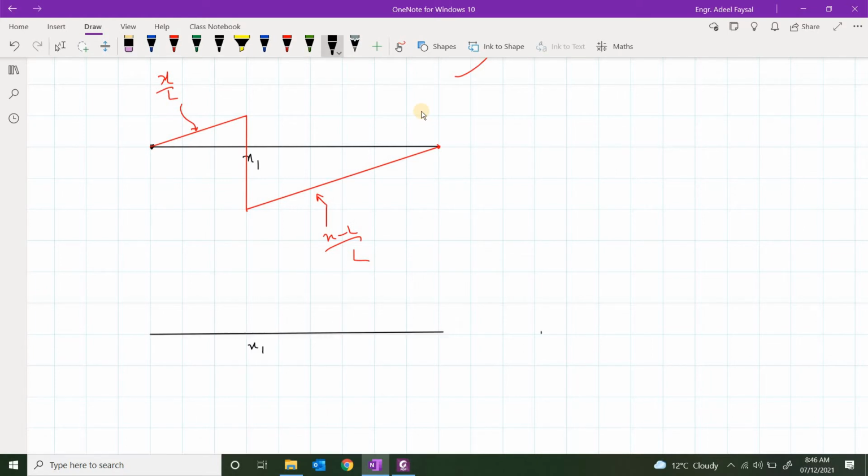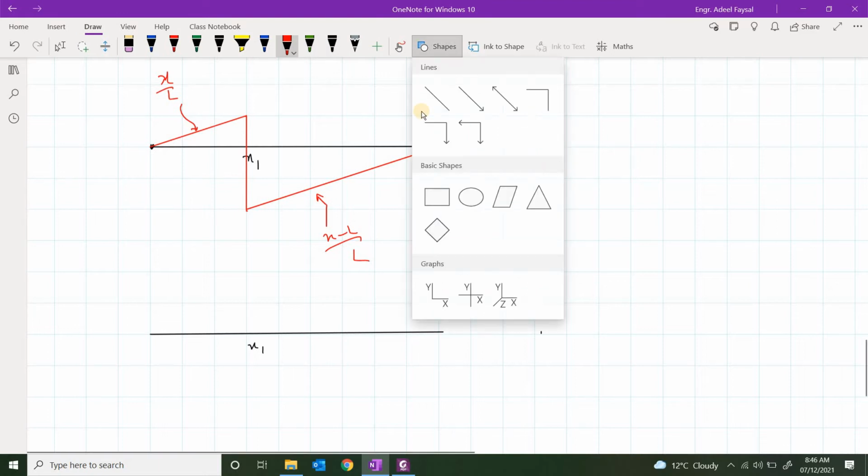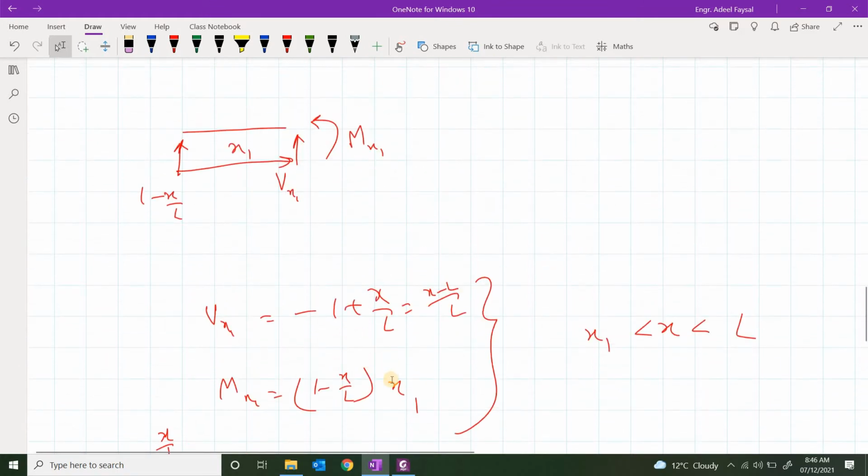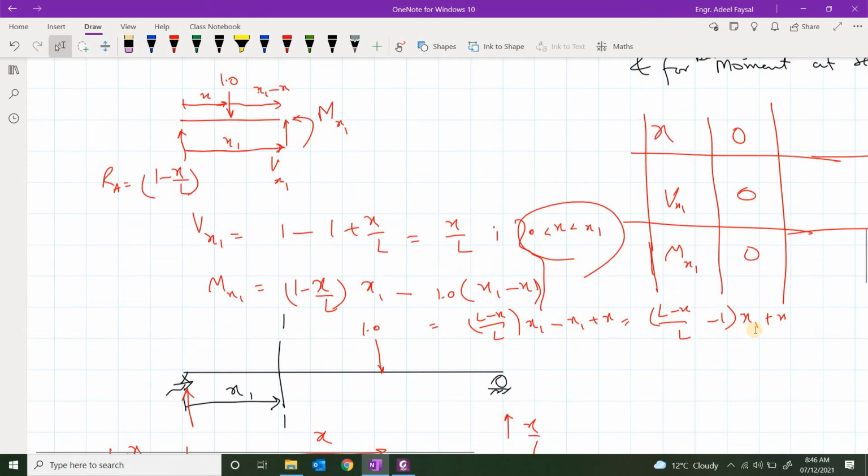Again, this is the x1 location for which we are drawing the bending moment, the location at which the bending moment is being considered all the time. So you start with this point, and then you have to put x equal to x1.